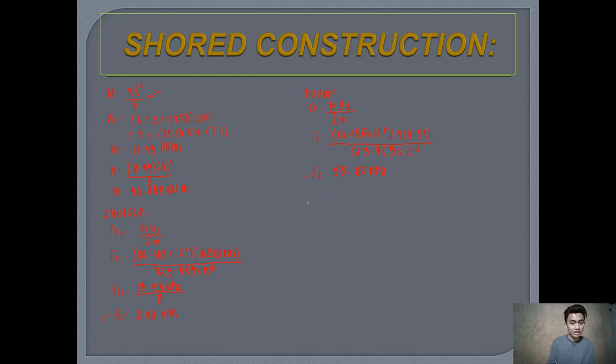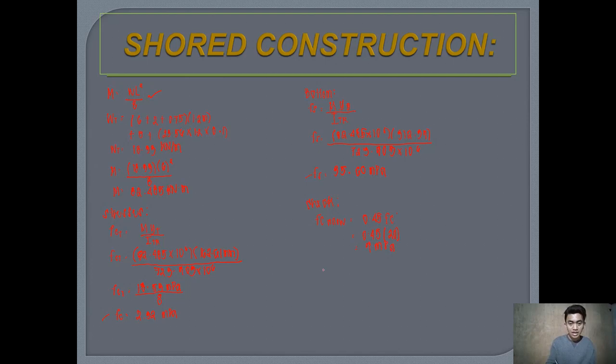All right, so check for allowable. If we are going to check now for allowable stresses, Fc allowable is equal to 0.45 Fc prime, or 0.45 multiplied by 20. Fc allowable is equal to 0.45 times 20, 9 megapascal.